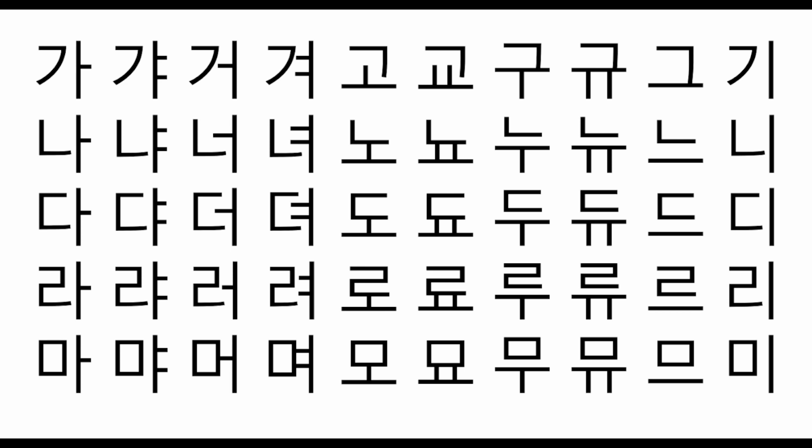So we've got, starting the top left corner, ga, gya, go, gyo, go, gyo, gu, gyu, gu, gi. And second line: na, nya, no, nyo, no, nyo, nu, niu, nu, ni.